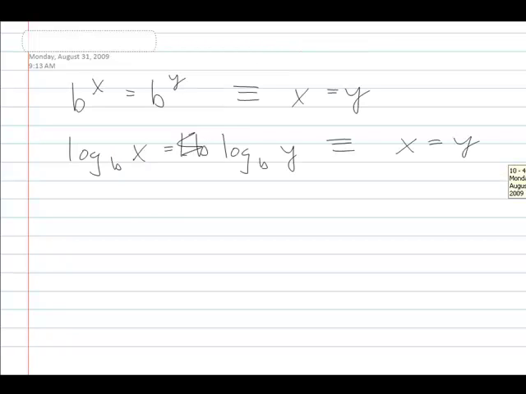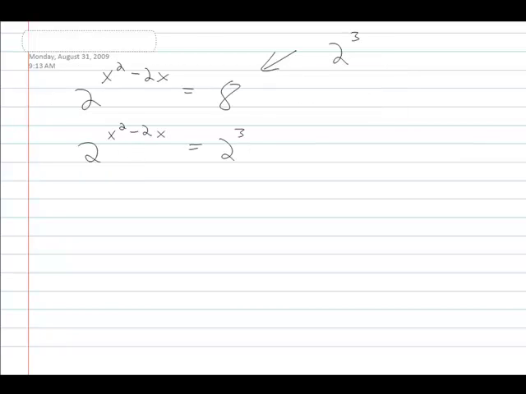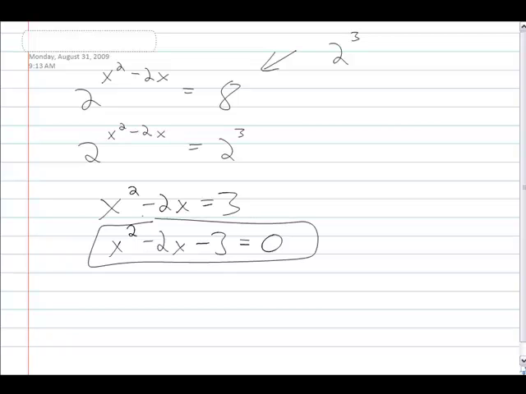If we look back to this property, our base for both is 2, so we can say that their exponents are equal to each other. So this would then become x squared minus 2x equal to 3. And then we could ultimately just solve for this. We'd have to either factor or use the quadratic, but we've solved this type of thing before. And then once we got our answers, we'd have to plug them back into the original equation to make sure that they're correct.